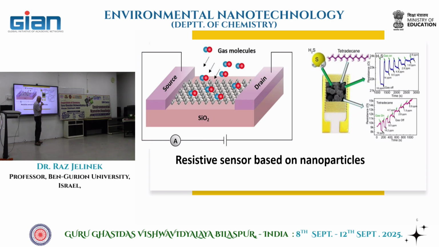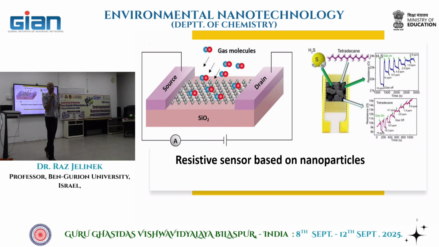This is another example of a gas sensor. This particular gas sensor works on capacitance and resistance at the same time. And again, what you have here are some nanomaterials that attract, that absorb various gas targets. In this case, it's H2S or tertiary decaying. It doesn't matter.